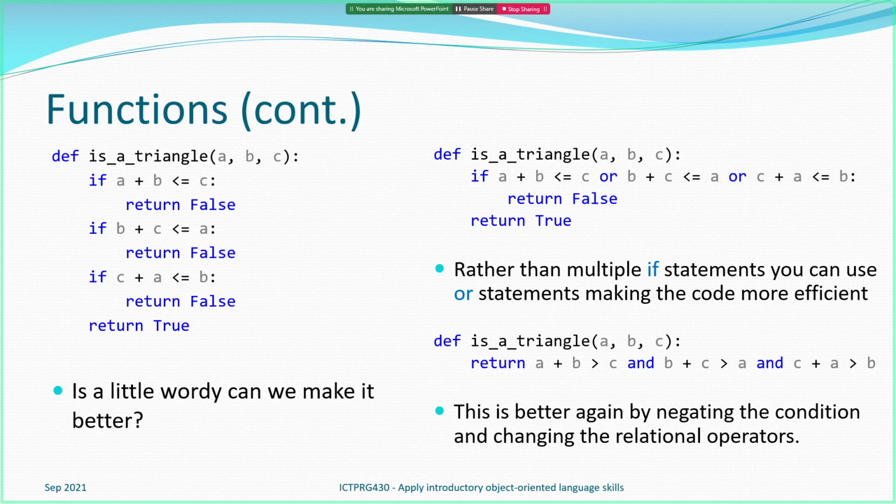But long term, as you get more efficient in coding and being able to read it, you'll find it easier to have the shortened version. We can use the OR and we can use AND in these functions, so that, once again, instead of having multiple if statements, we can shrink them down and combine them with AND, so they've all got to be met.